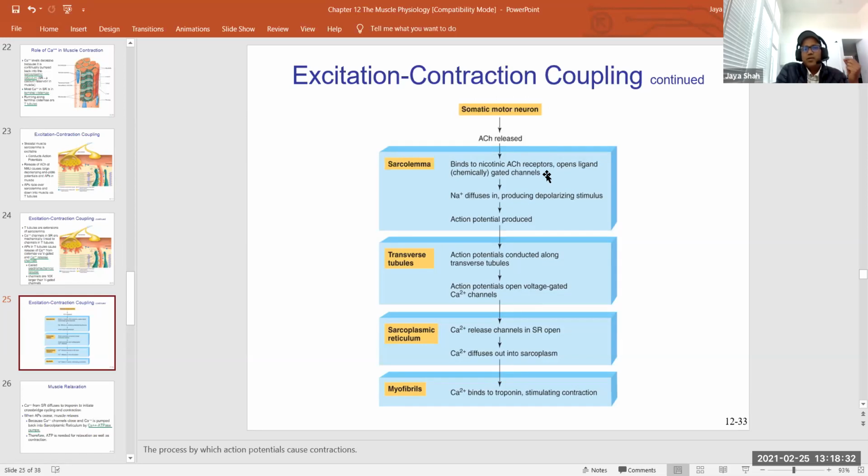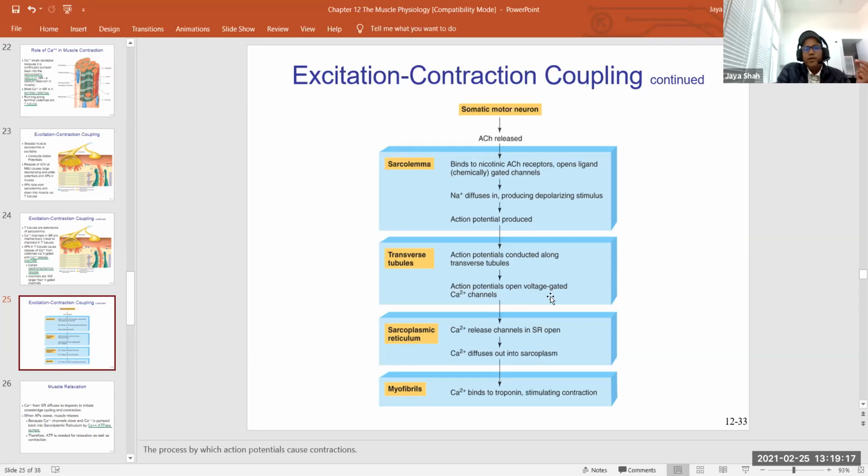Those chemically gated channels are sodium channels. Sodium diffuses into the muscle cell, producing depolarization of the muscle cell plasma membrane. An action potential is produced. That action potential then gets inside the muscle cell and around the myofibril through the transverse tubules, conducted along the T-tubules to reach the myofibrils and ultimately the actin and myosin.